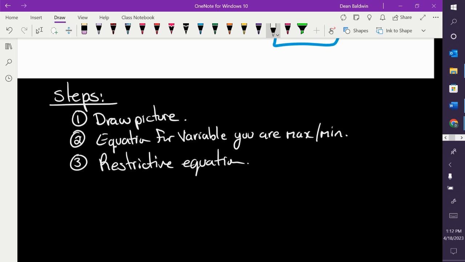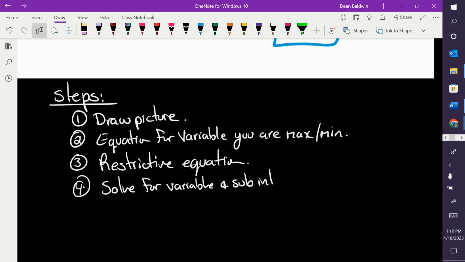Once you have those two equations, what do you do? You solve for one of the variables and sub into the other. Sub into number 2, into the equation for that variable.